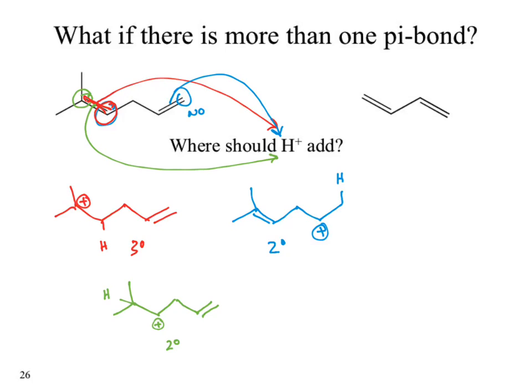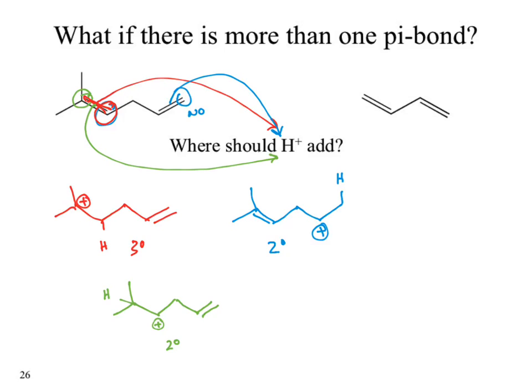We'll end up with the products that come from the red intermediate, which we might say would be 2, because the nucleophile could attack from the top or the bottom. Would we get 2 products? No, because that position would not be chiral. We have 2 methyl groups. So we would get two potential products, but those two products would be identical to each other. So we only see one product.